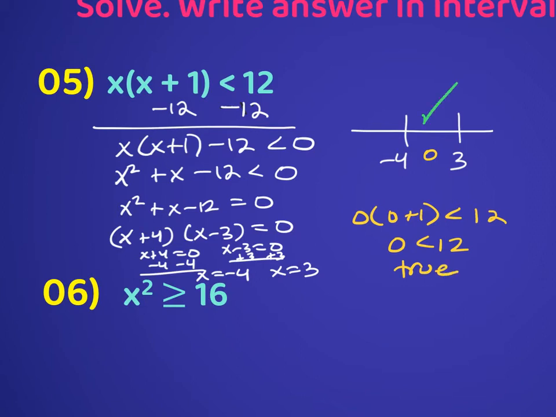So this section where the 0 gets the check mark, the two outside get the X. So this was just a simple less than symbol, so parentheses, meeting in the middle, or again, open circle, open circle. The interval notation here would be from negative 4, comma 3.